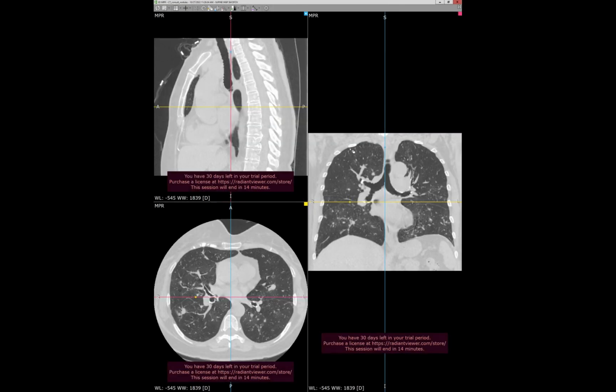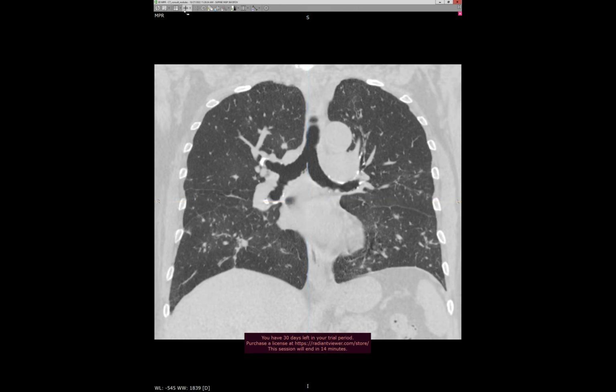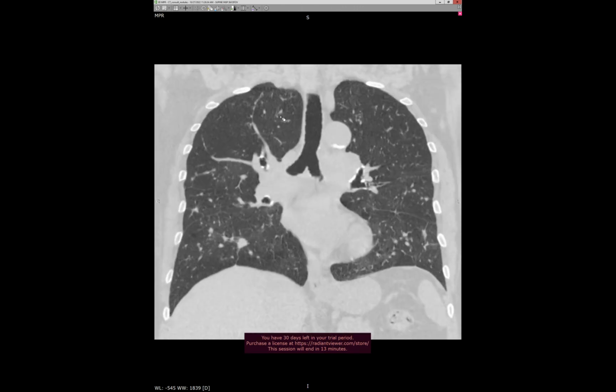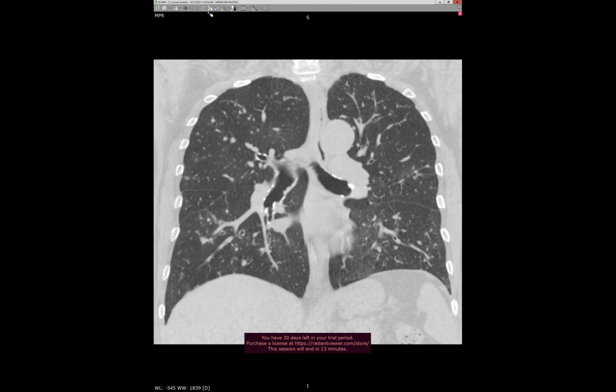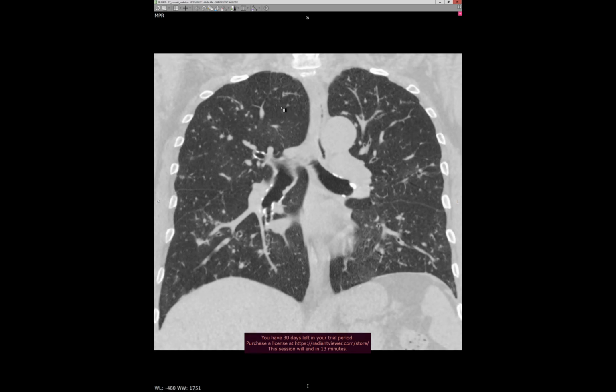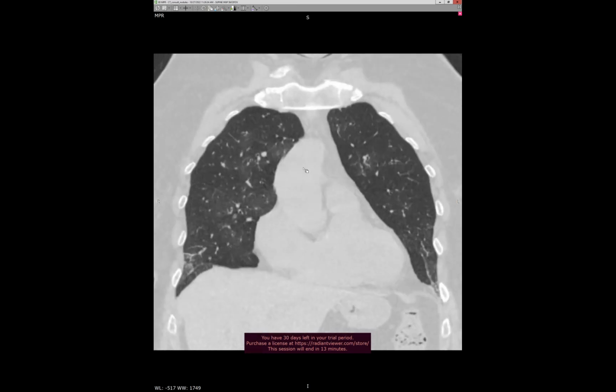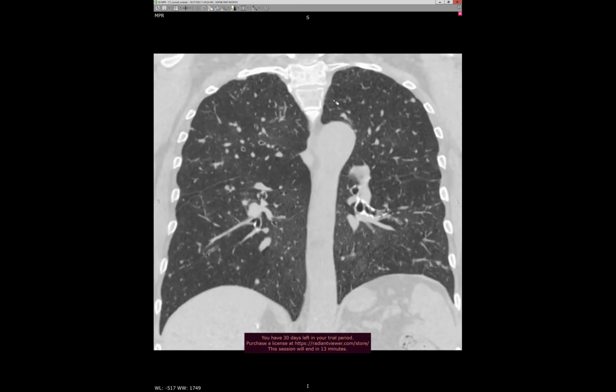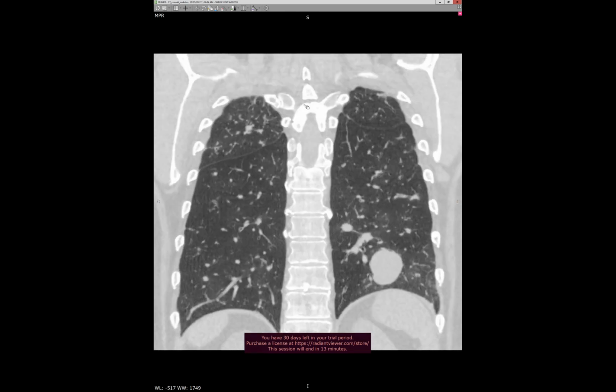A couple of ideas. This could be an atypical mycobacterial infection, something along the lines of MAI, and you can get slow-growing nodules with that. But it could also be some sort of lymphoid infiltration in the lungs, something along the lines of follicular bronchiolitis or low-grade lymphoma.